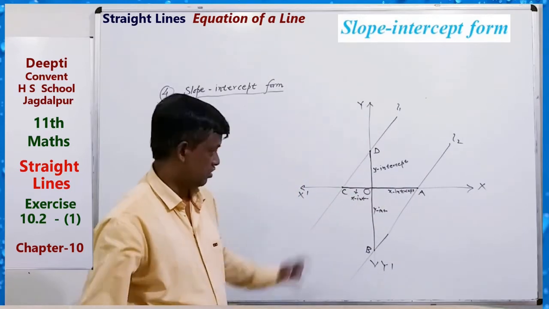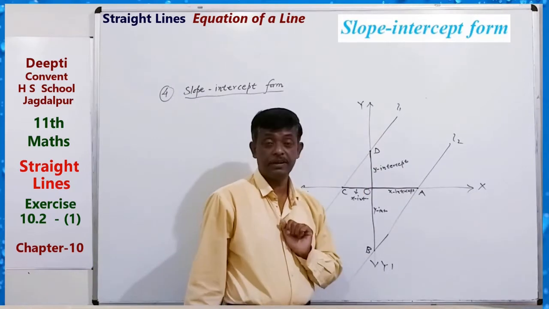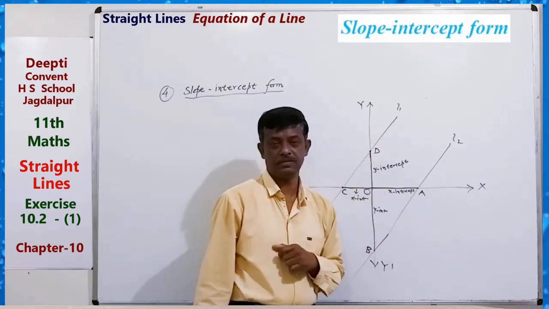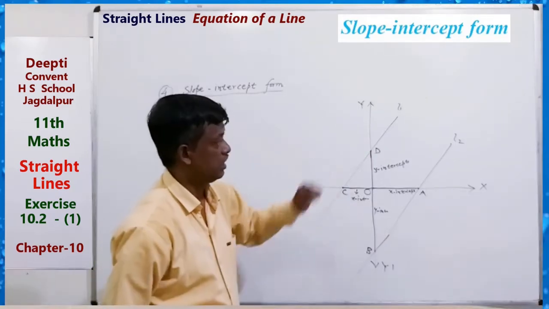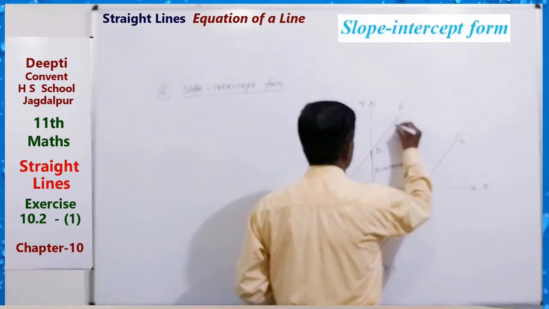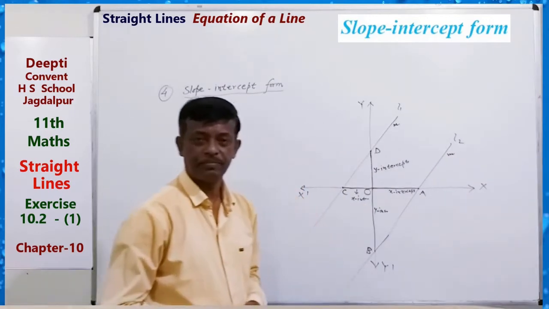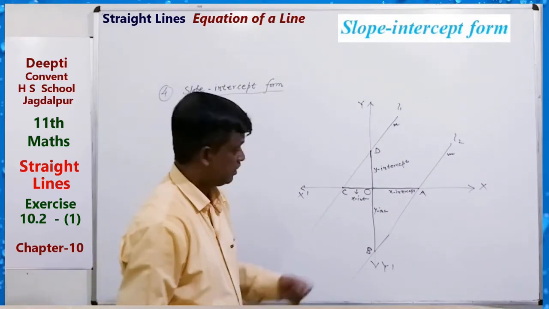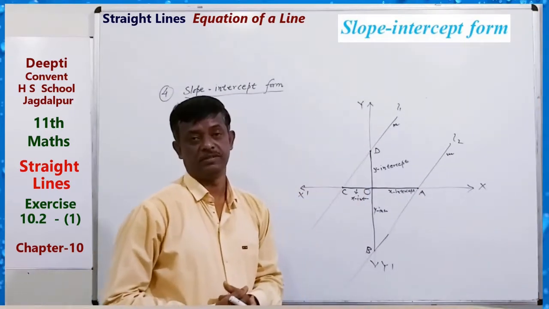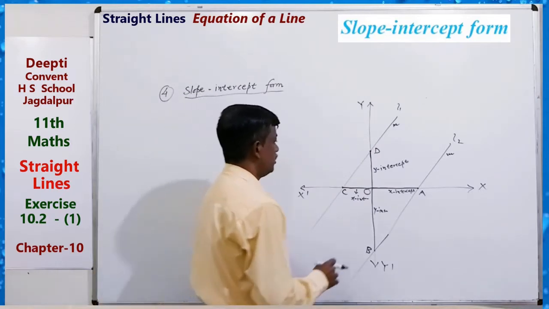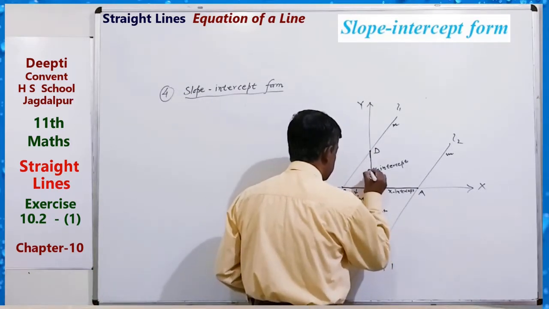Clear? Now, suppose either this intercept or this intercept is given, and the slope of the line is given. Suppose the slope is m. And one of the intercepts is given. Suppose the y-intercept, small c, is given.